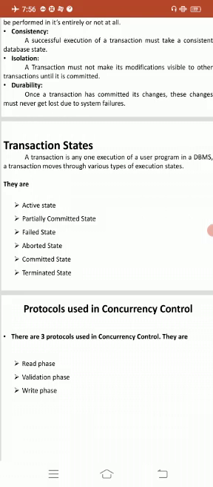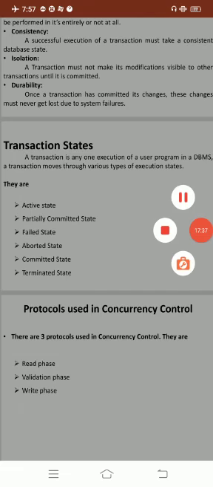That is called the partially committed state.